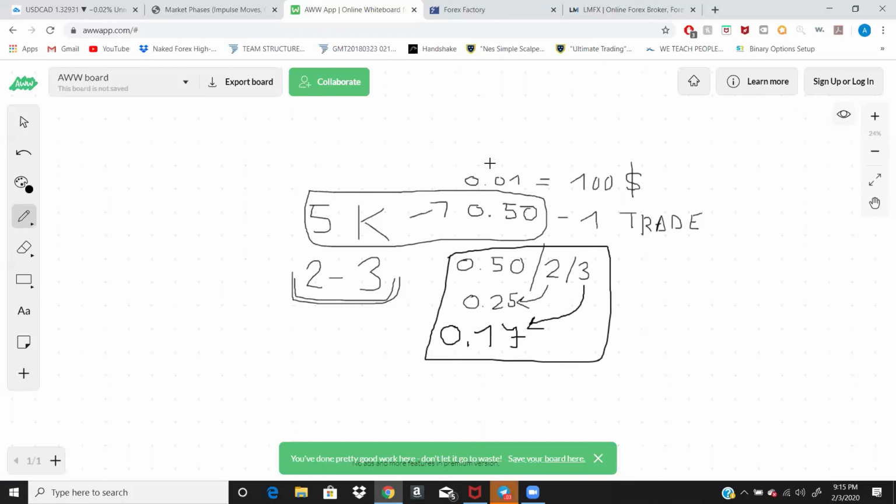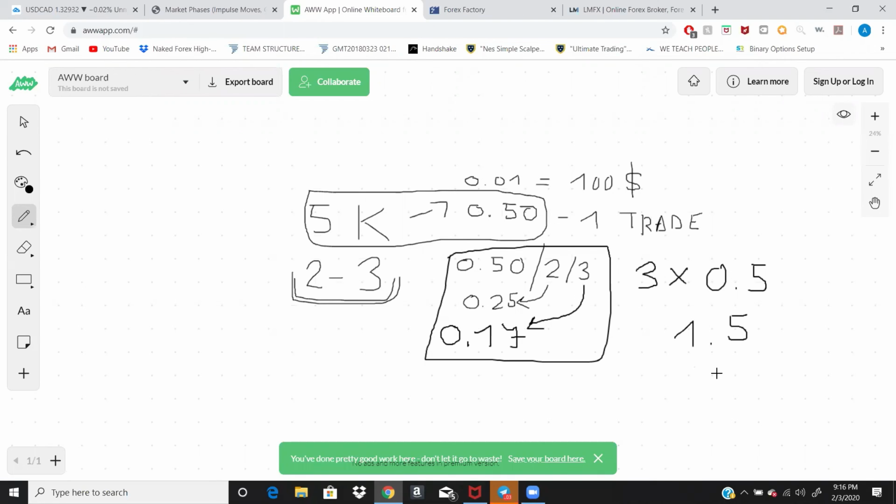Proper risk management is not entering all 3 trades with the half lot. Why? Because 3 times half is 1.5, and 1.5 is $15 per pip.